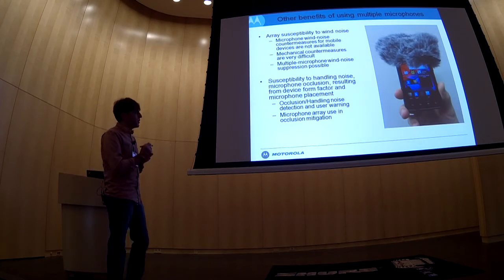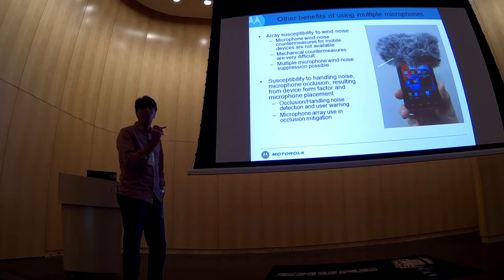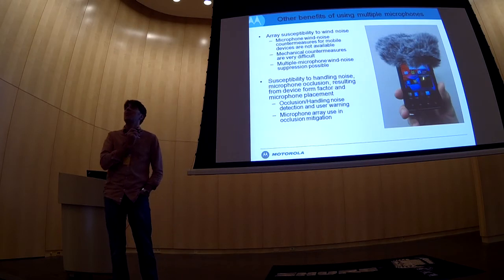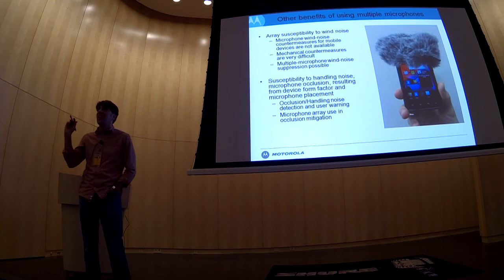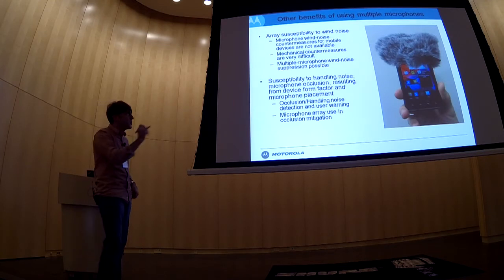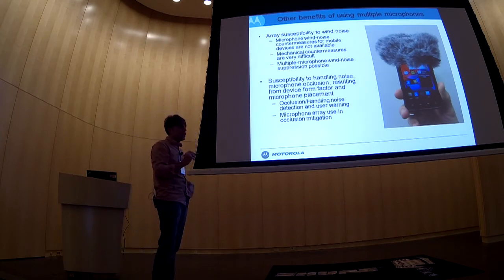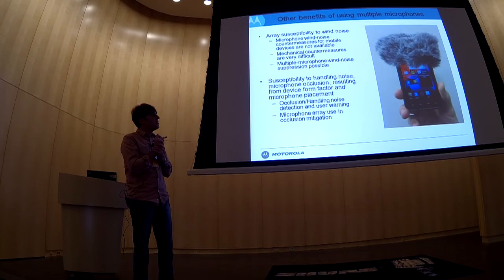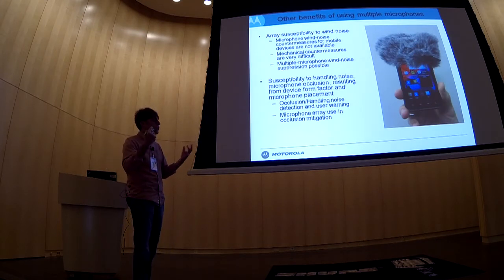What can one do about it? Well, mechanical countermeasures are really difficult. A bonnet, they don't make bonnets for these phones. And even if they made them, I don't think that anyone will buy one other than ourselves. This looks very silly. But one has to notice that over time, algorithms were developed that could take advantage of the signals on multiple microphones and make some decision. What decision?